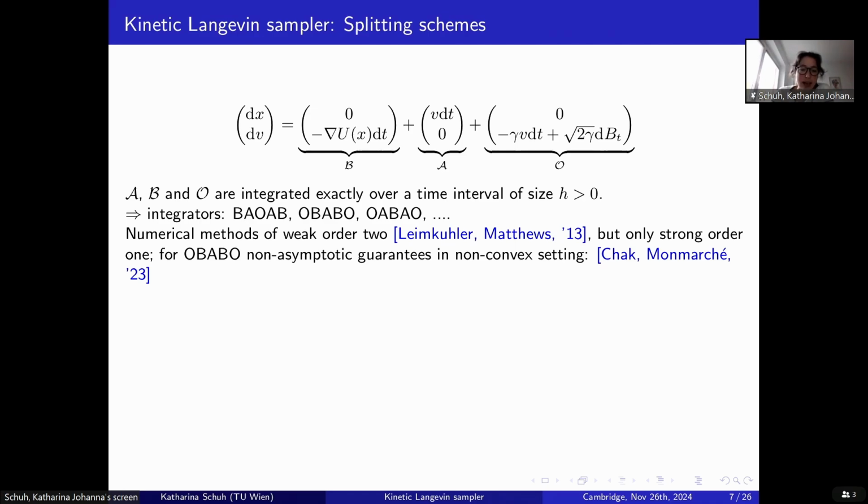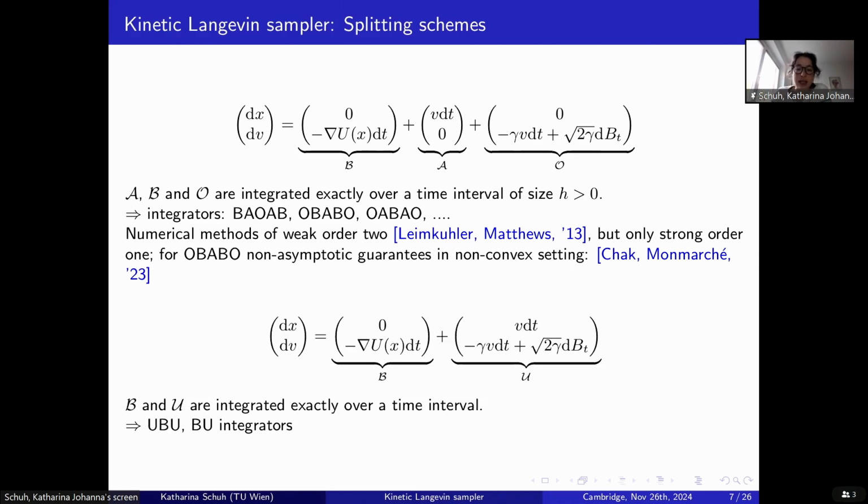But actually we can also look at schemes with a better strong order, and this will be the UBU scheme. Here the idea is that we split our SDE into different blocks. We still keep our B block, but now we combine our A and O block into this U block, and this can still be integrated exactly over a time interval.